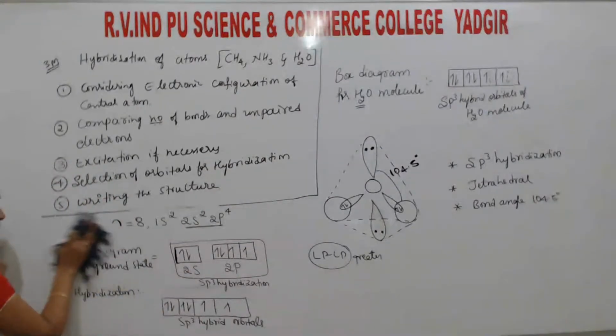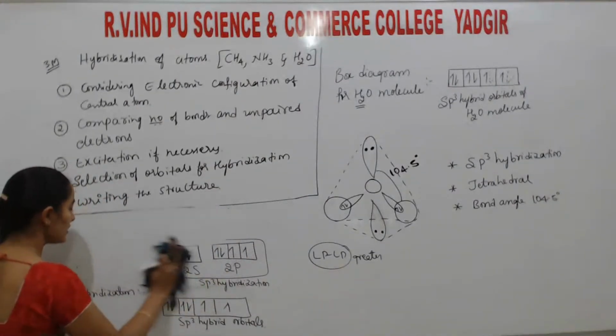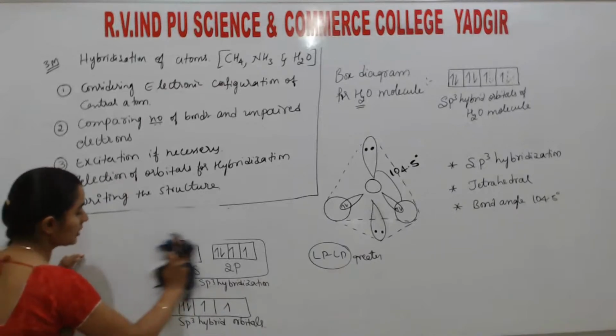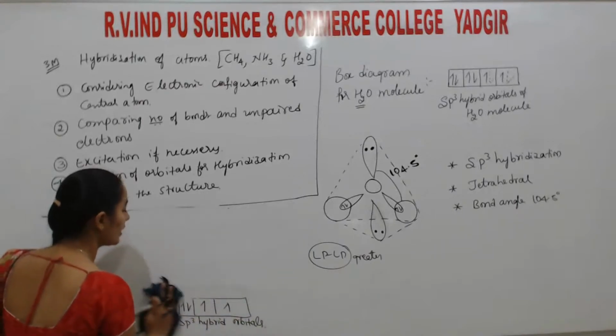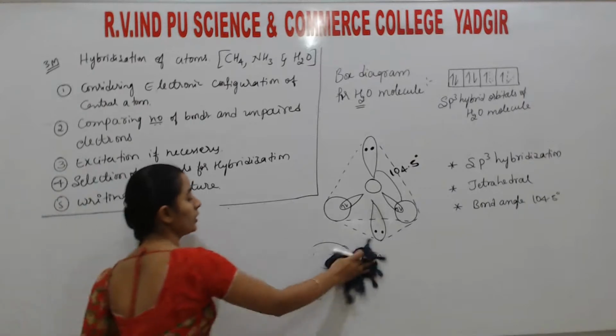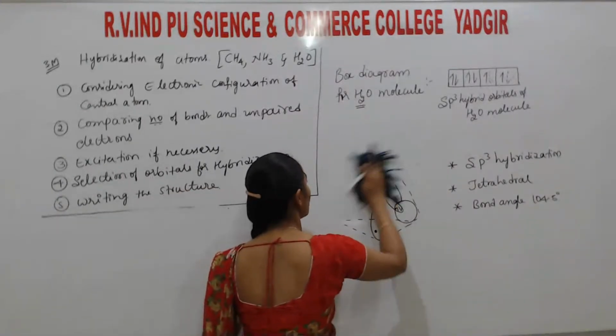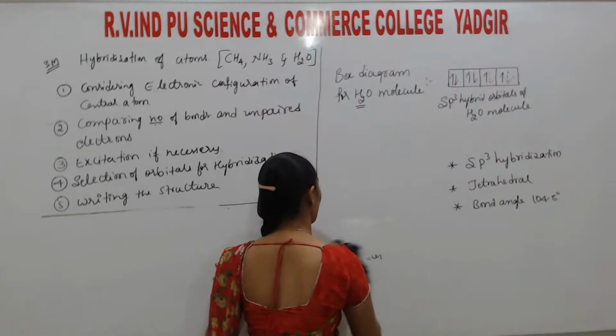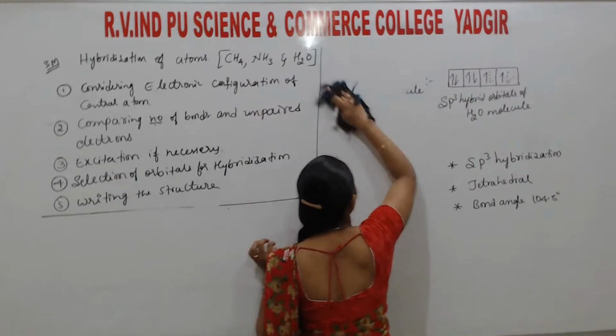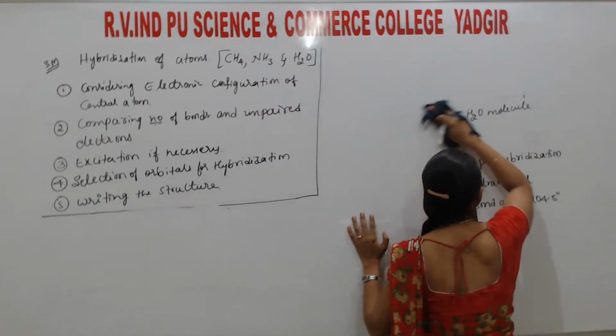The most often asked question about this, other than the structure, is why the bond angles of ammonia and water are 107.5 and 104.5 instead of 109.5.